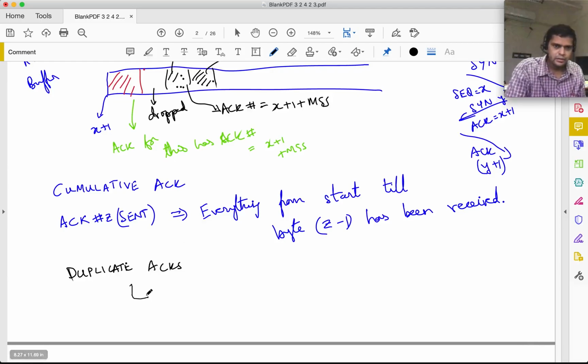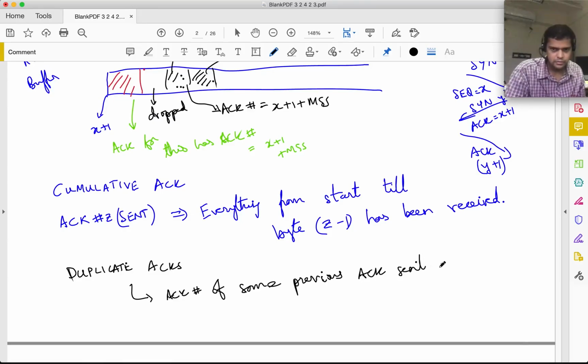So duplicate acknowledgements have ACK numbers of some previous ACK sent out. And they convey the information that one more segment was received.